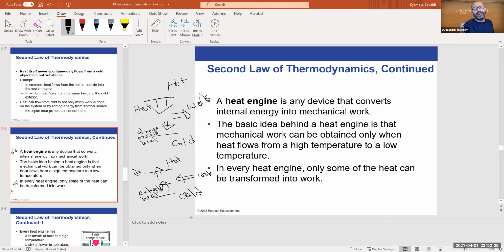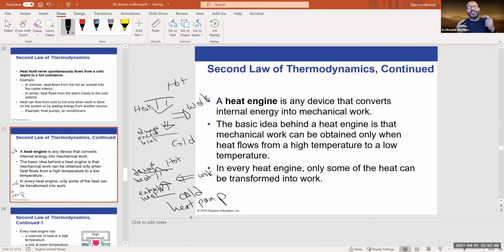So this is where it dumps heat to the hot source. This is a heat pump. Basically, it's pumping heat continuously. And this one is a heat engine.